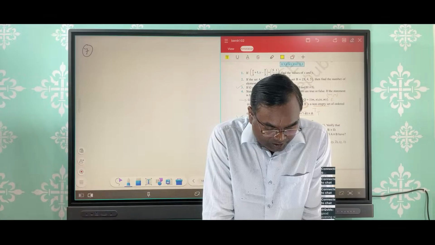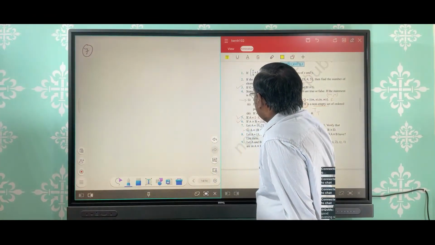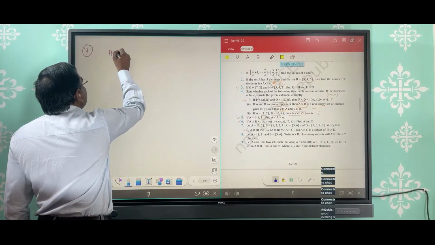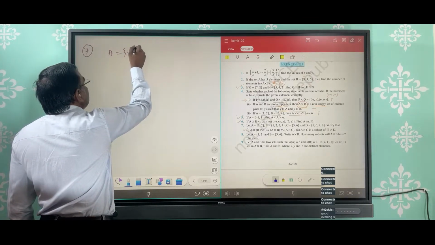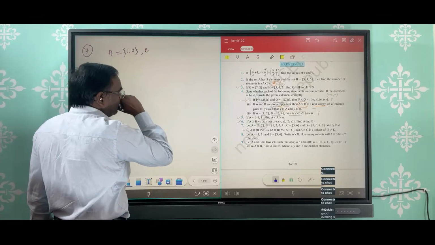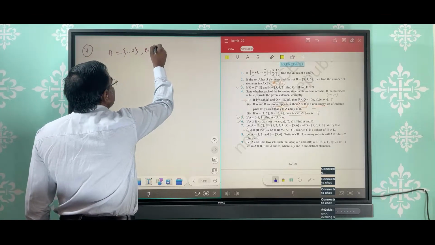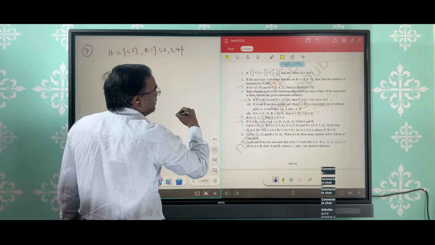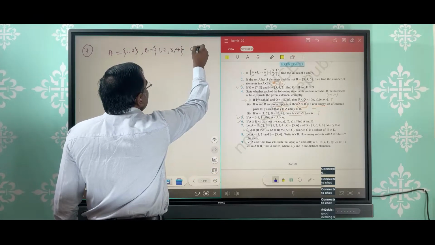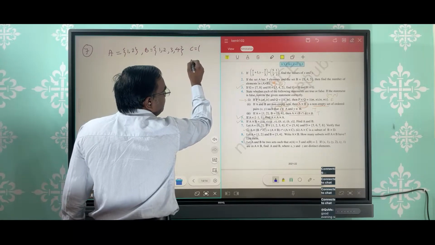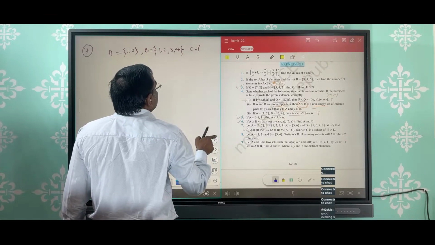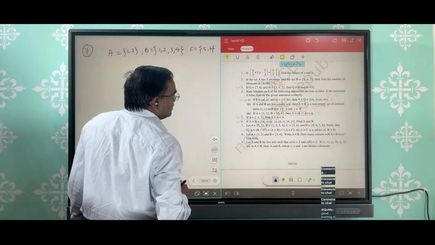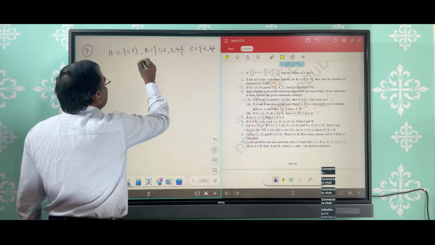Let A be equal to {1, 2}, B equal to {1, 2, 3, 4}, C equal to {5, 6}, and D equal to {5, 6, 7, 8}.